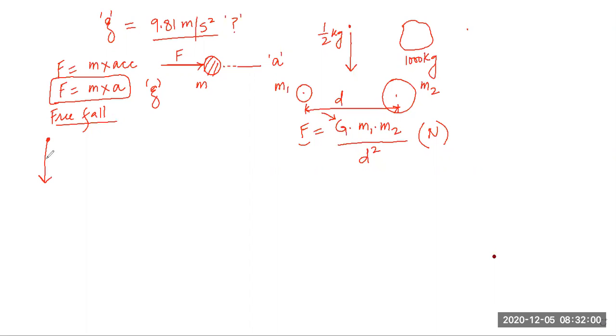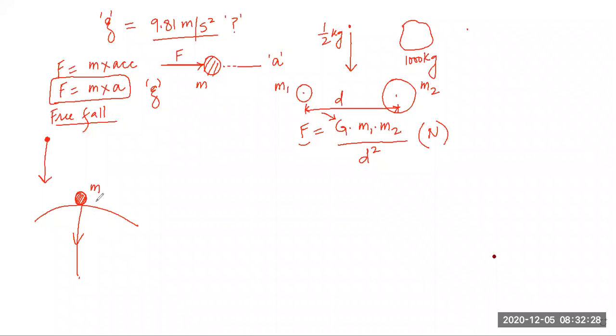So the force acting on an object placed on the surface of the earth, even if it is not falling, having mass m, towards the center of the earth, there is a force given by Newton's second law.